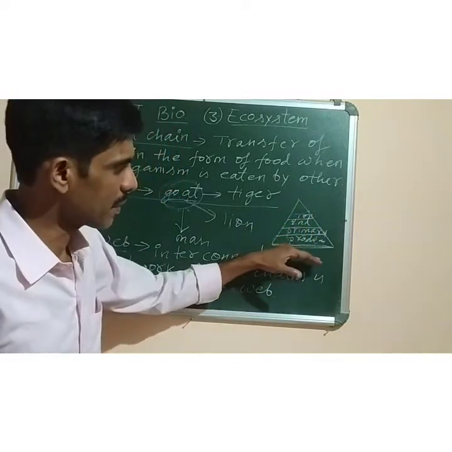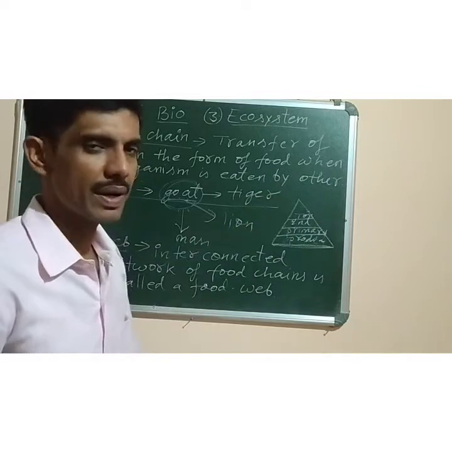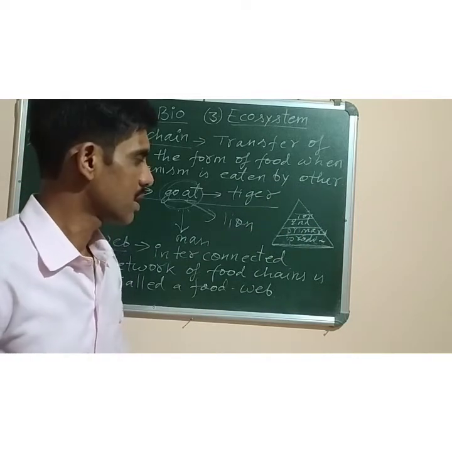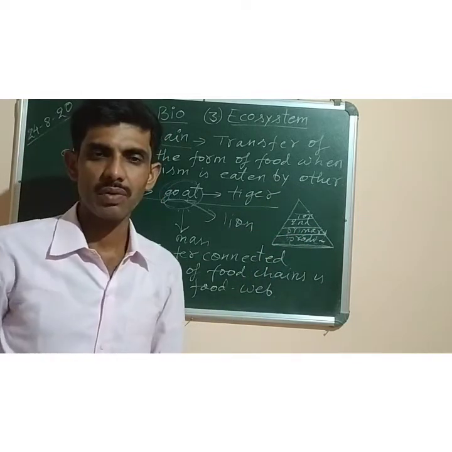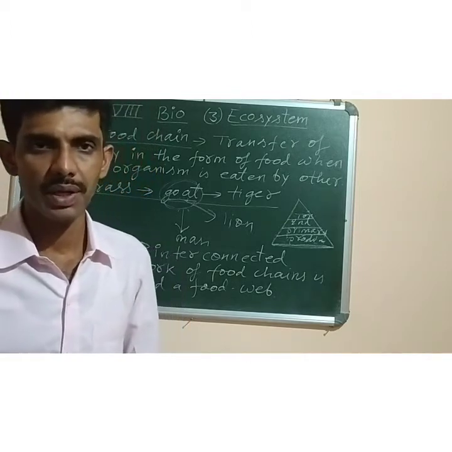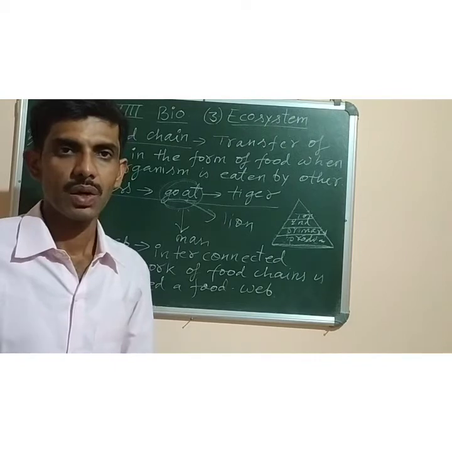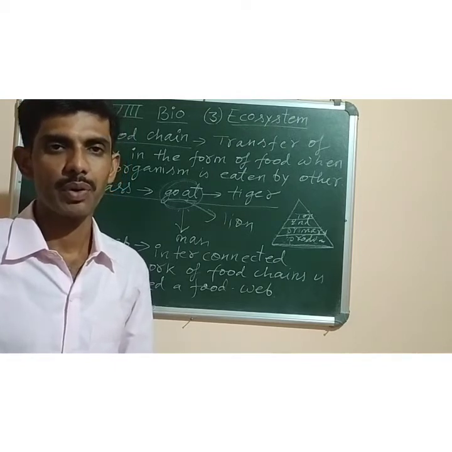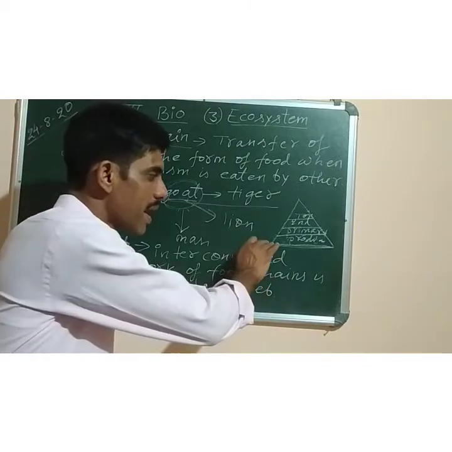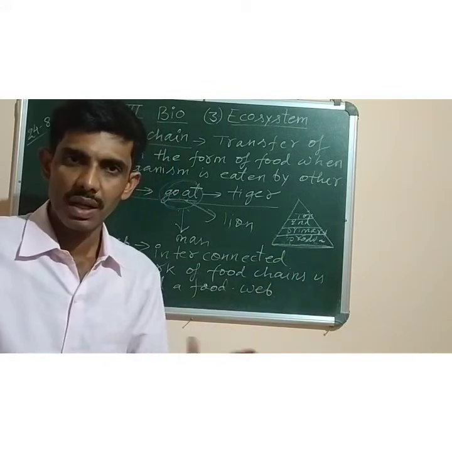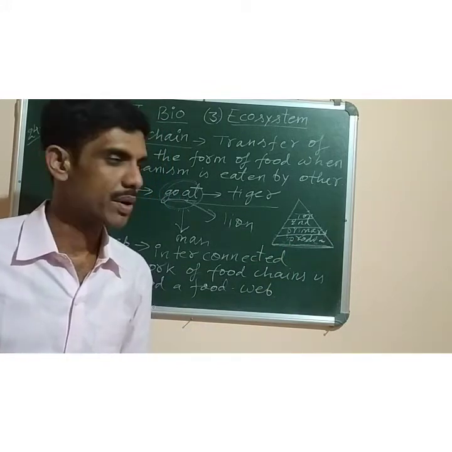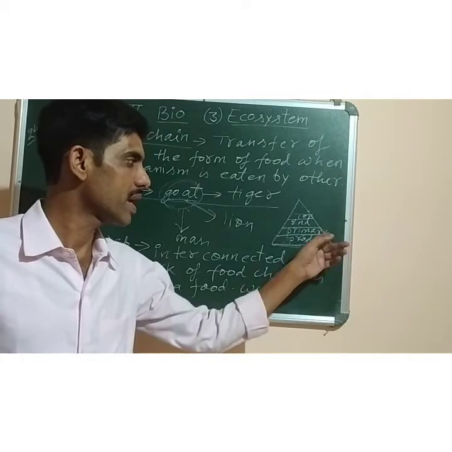So you find that different organisms are placed at different steps of the pyramid. The producers form the maximum number of organisms; if we count the number of plants which prepare their food by photosynthesis, that is the maximum in the surroundings. So that's why they form the base of the pyramid.